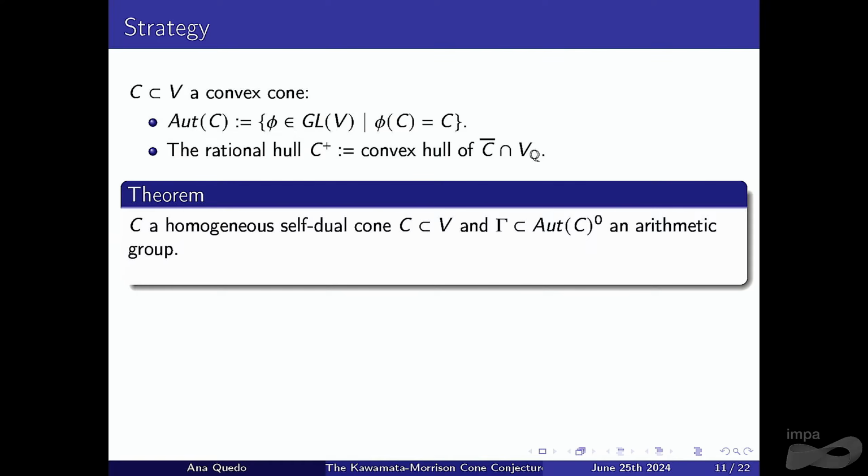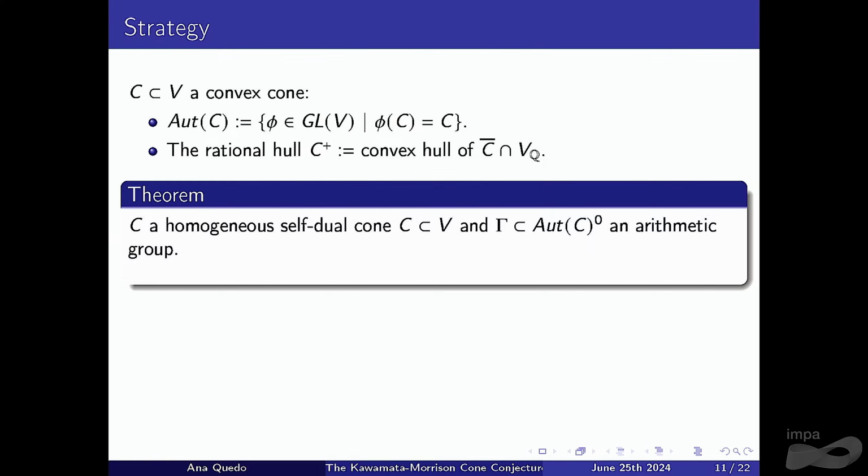And I define the rational hull by this C plus here, which is the convex hull of the closure of C intersected with V_Q, where V_Q is a Q-structure of this vector space V.